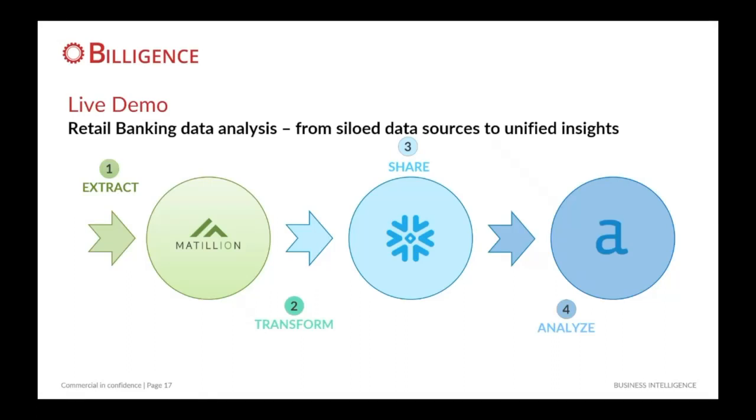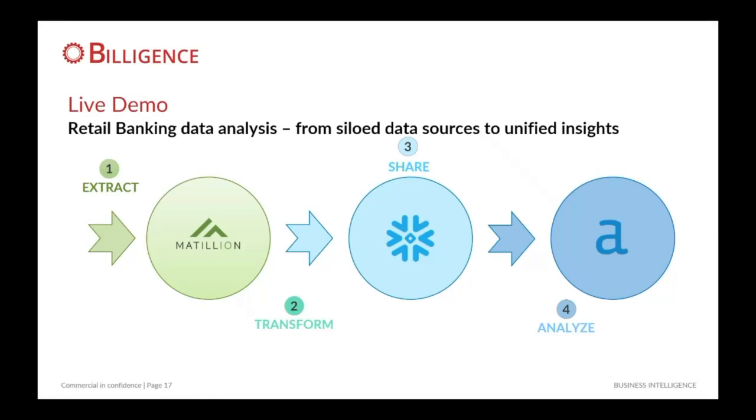It's centered around a bank, so it's a retail banking demo. We're going to do a quick analysis. Our bank and our data team in the bank have a number of sources in different locations, on-prem, in the cloud, in databases, on file storage, and we want to combine them, bring them into Snowflake, transform them, and build a layer that the users, that the business, can understand.